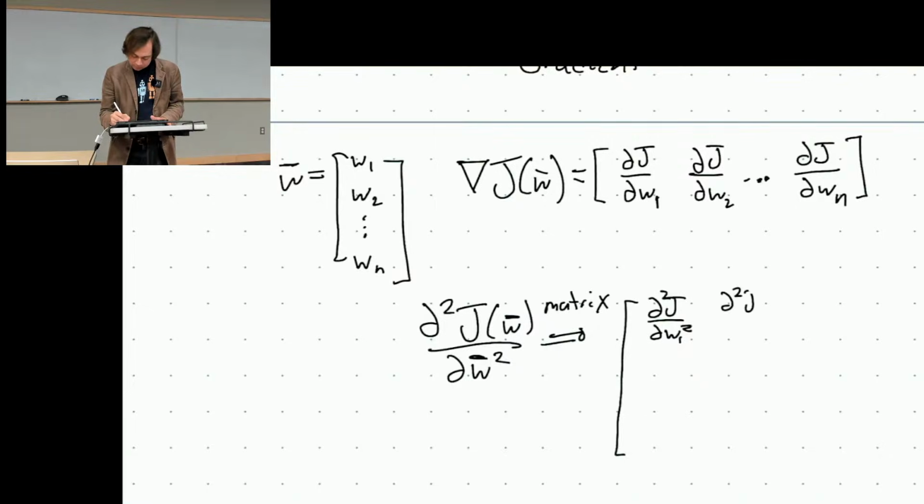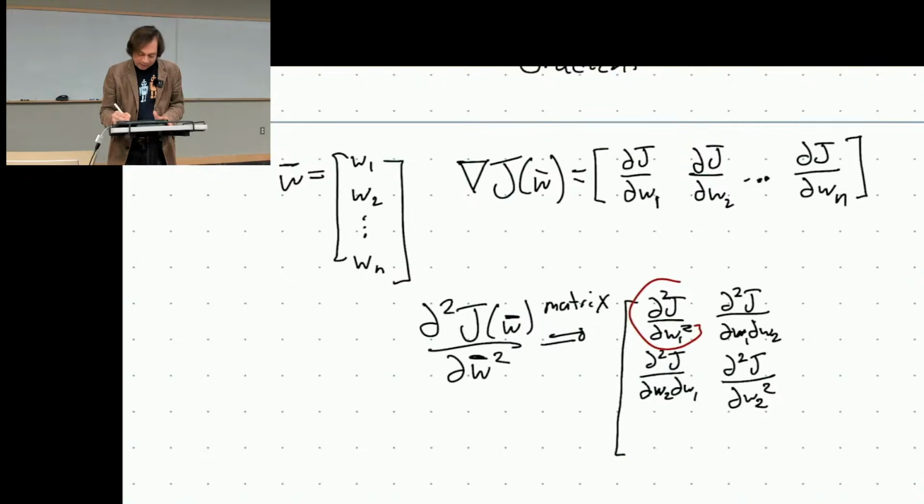That's the second derivative of J with respect to w1, partial w2. This one is partial J partial w2 partial w1. This is partial squared J partial w2 squared. You'll notice along the diagonal, you have all of your w1 squared, w2 squared for your second derivative.